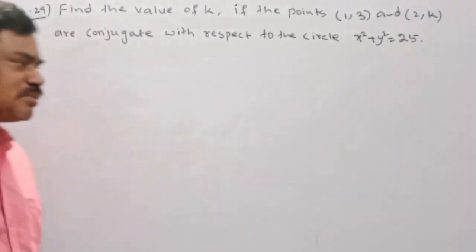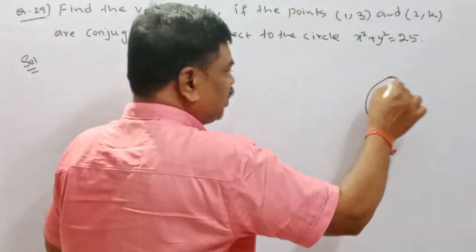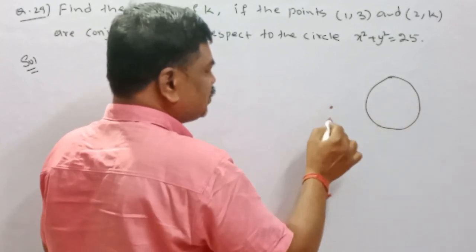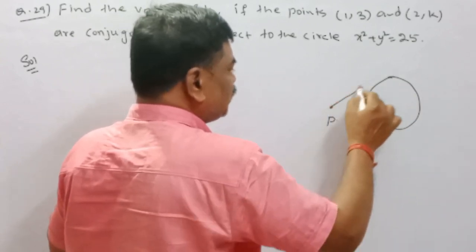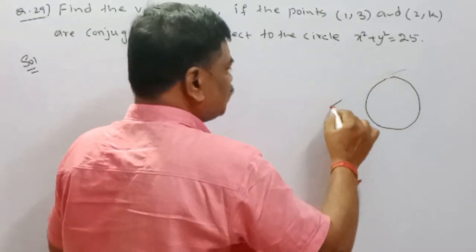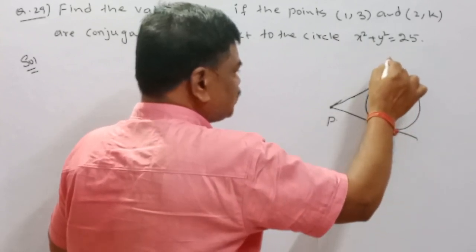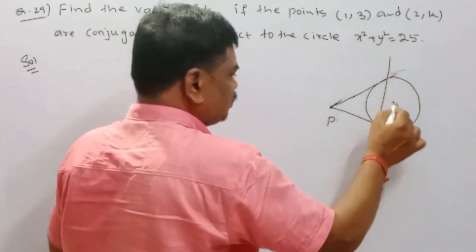Conjugate to each other means S12 = 0. Here this is the circle equation, this is the point P, and this is the tangent. This is the polar, and this is the center.